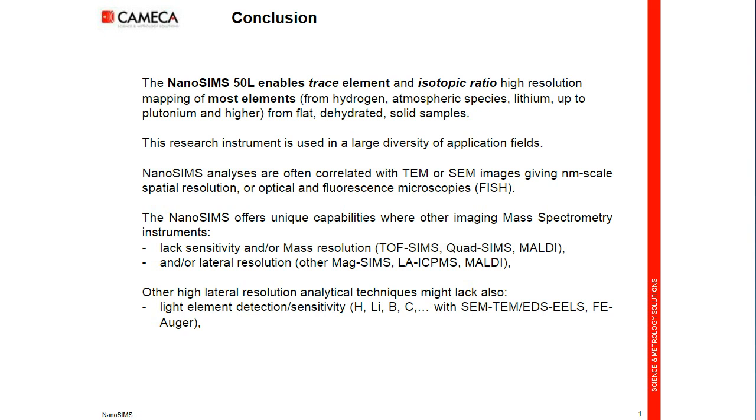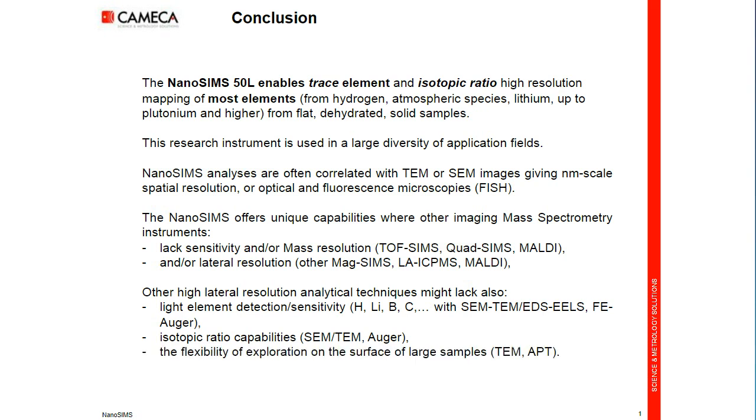You will miss also with these techniques the isotopic ratio capability that offers so many new possibilities for researchers in the NanoSIMS. And also, these techniques can suffer from the limitation of the need of sample prep. The NanoSIMS, you do not need to prepare much the sample, except that it must be flat.